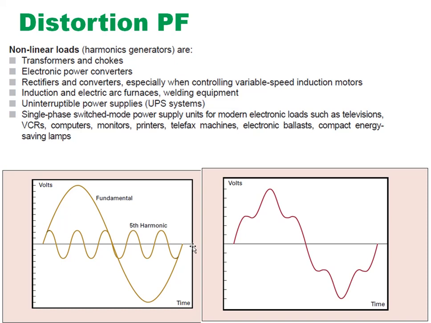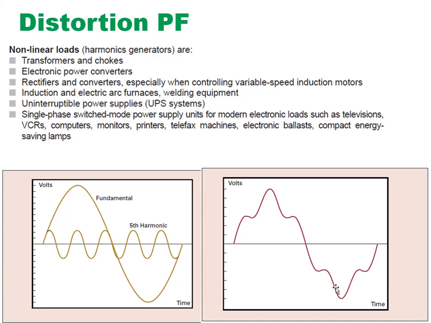Inside the fundamental waveform, the fifth harmonic waveform is appearing, which creates a distorted waveform like this. Due to this also, the low power factor issue will happen. For this, we have to do power factor correction. That's our focused topic.